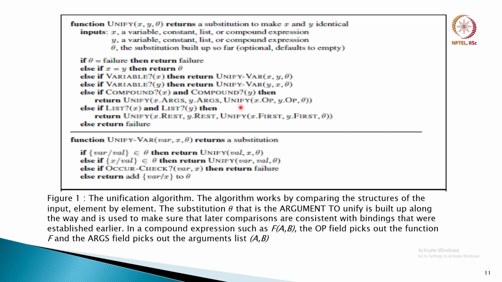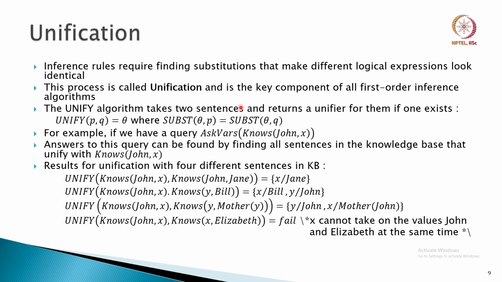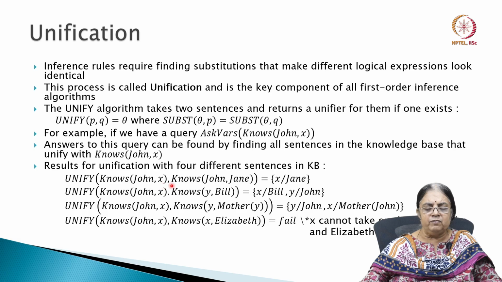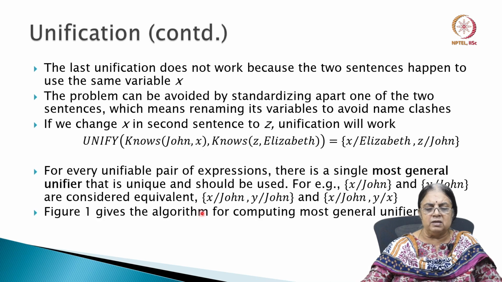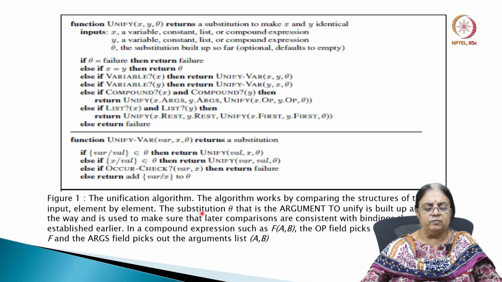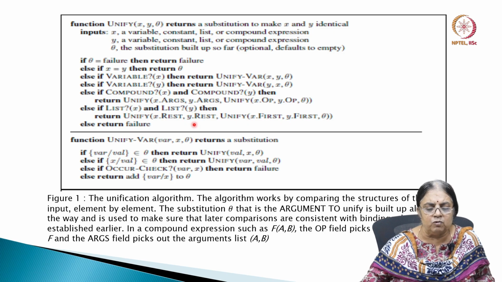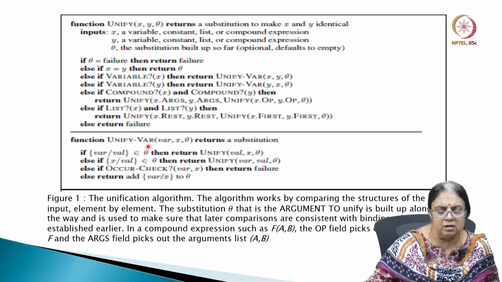So whatever we have just done over here, for example, if you had 2-3 terms here and 2-3 terms here, we first see the first term here and the first term here, and then you take the rest of the list and choose the first term here and first term here and try to unify those. So that is what is done in this piece of code that we have. This is the unification that actually takes place.